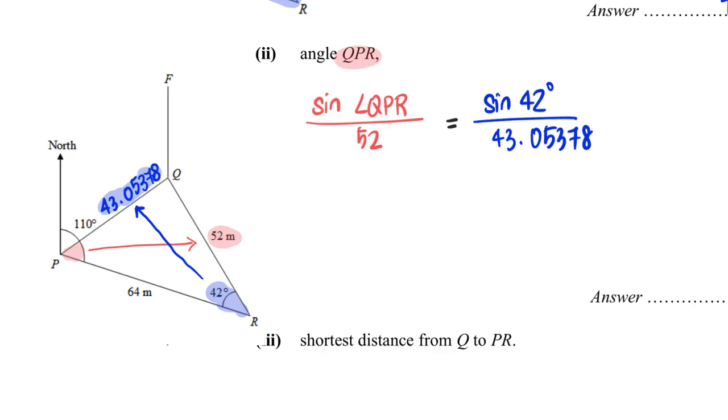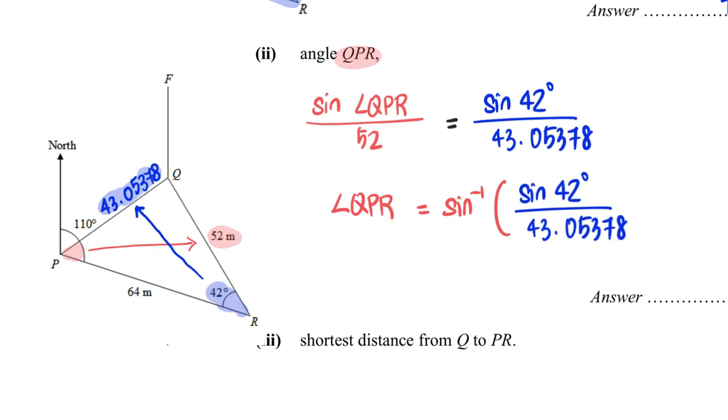Alright, and therefore I will be able to get my angle QPR, which is simply the sine inverse of this, multiplying by my 52, and the sine inverse.